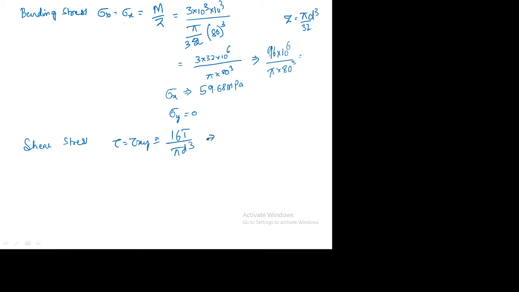Now substitute 16 T, which is unknown here, by pi into d cube. Now you are going to get this shear stress equation in terms of torque. Now you calculate how much you are going to get.